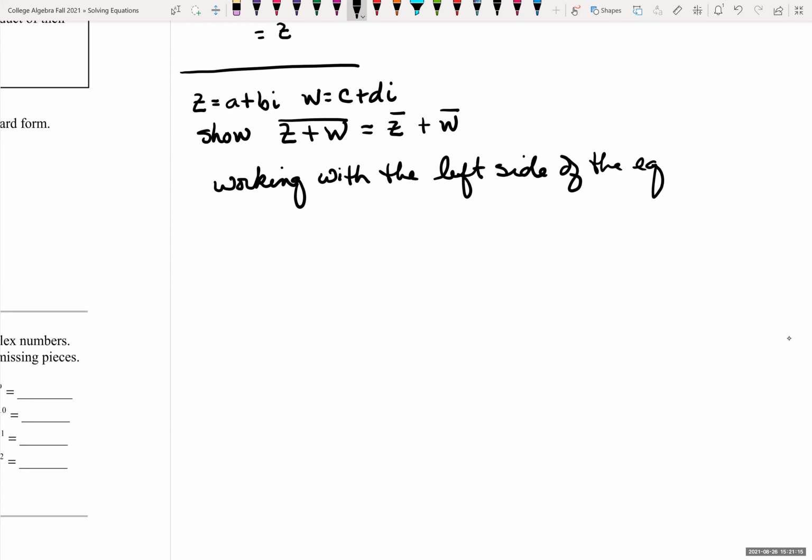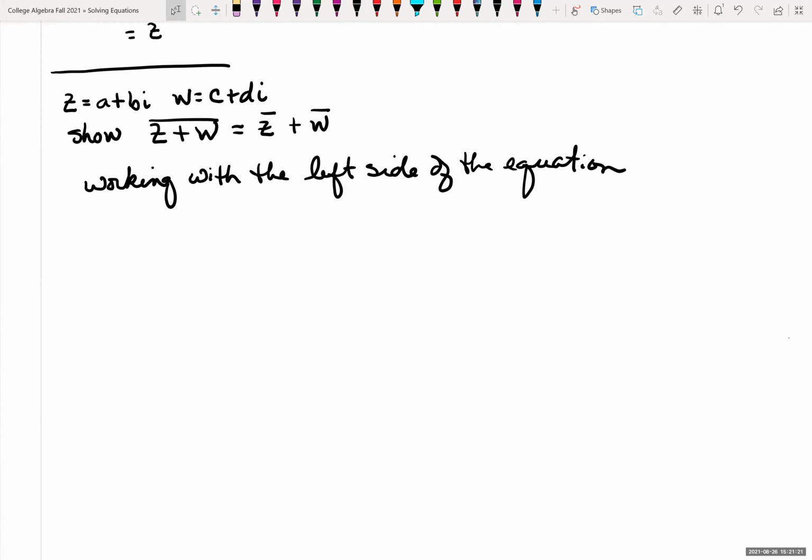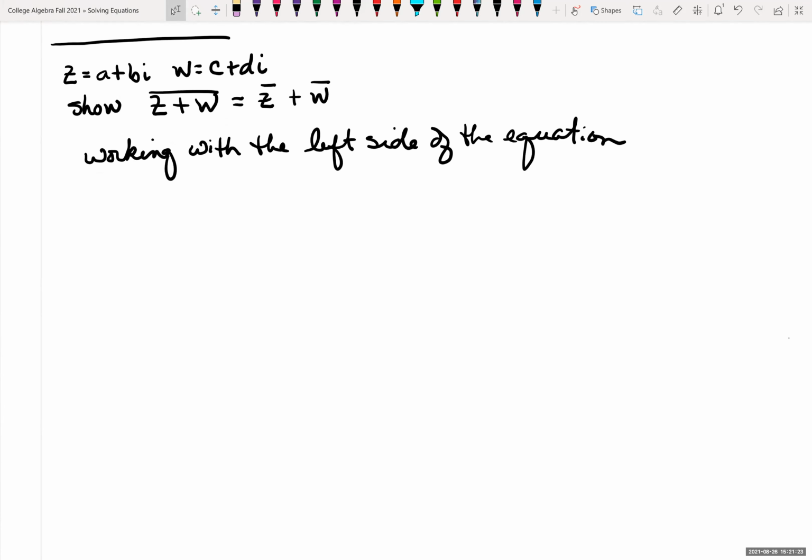So if you've taken trigonometry, part of that course is showing that identities hold true, and you chose what side of the equation you wanted to work with. Usually it was the more complicated side, and you manipulated it to look like the other side. So same kind of idea here.